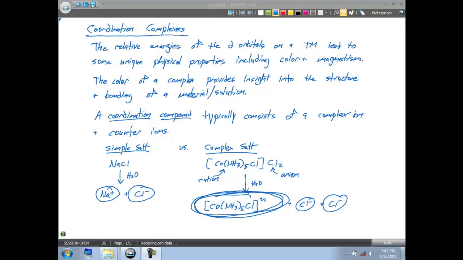In these complex ions, and typically when we look at the chemistry of these coordination complexes, we have a transition metal center, and then that transition metal center is surrounded by various ligands, which I'll abbreviate here with a capital L. They have a particular charge on them. And like I said, these are a salt, so it will dissolve in water.